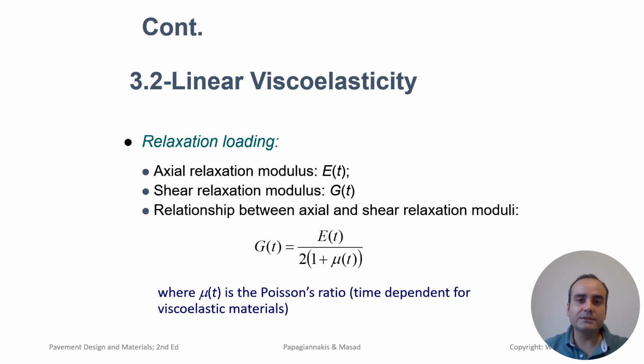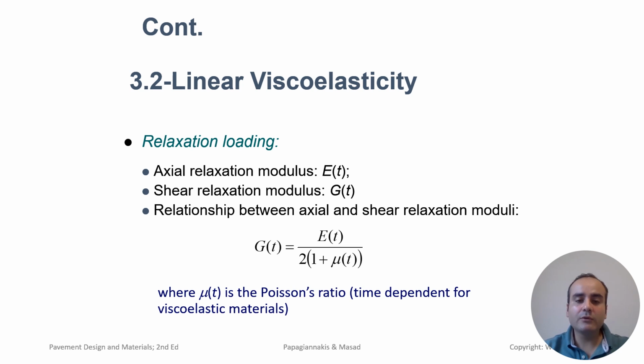The relationship between the axial relaxation modulus and the shear relaxation modulus for isotropic linear viscoelastic material is given as G(t) = E(t) / [2(1 + μ)], where G is the shear relaxation modulus and E is the axial relaxation modulus.